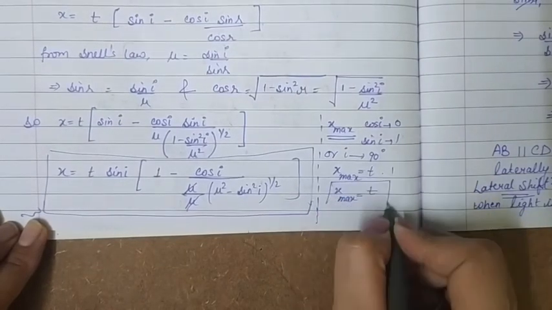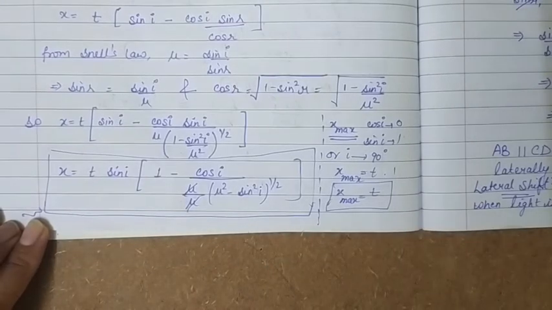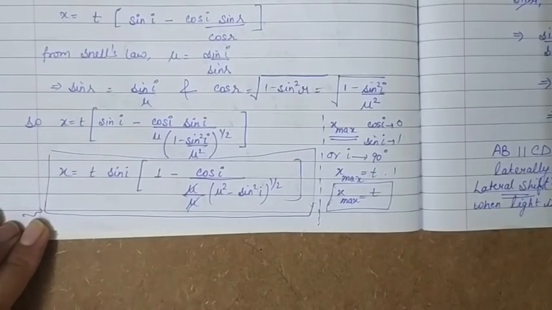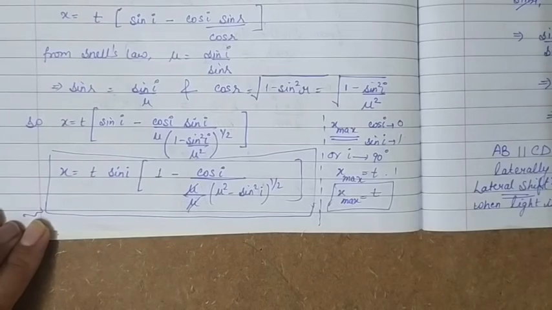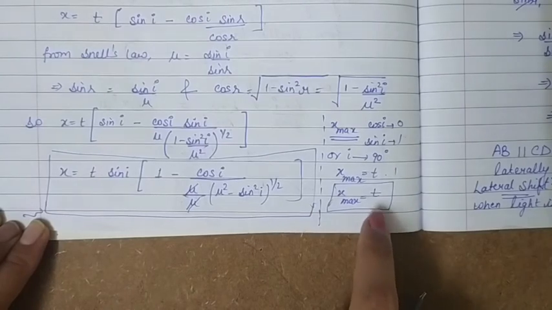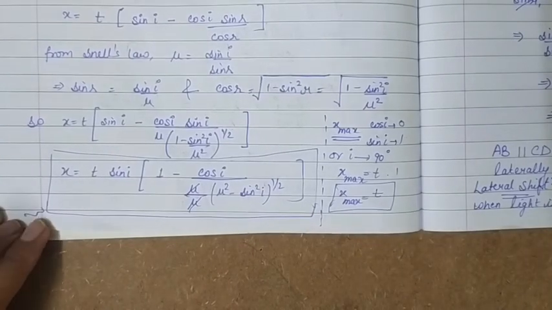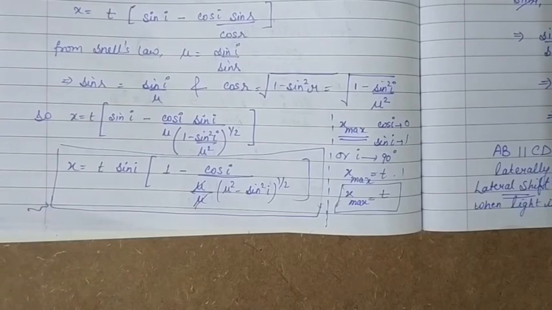That means the displacement of the emergent ray cannot exceed the thickness of the glass slab; the lateral shift never exceeds the thickness of the glass slab. It is the maximum value for lateral shift.